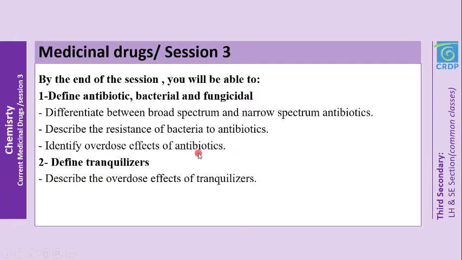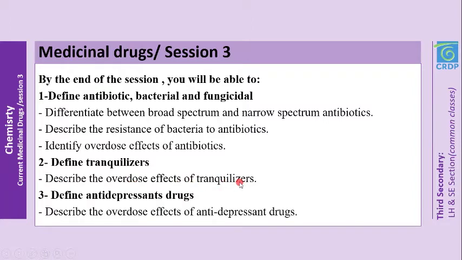Number 2. Define tranquilizers, in which you'll be able to describe the overdose effects of tranquilizers. Number 3. Define antidepressant drugs, in which you will be able to describe the overdose effects of antidepressant drugs.